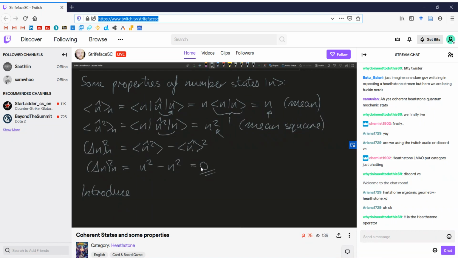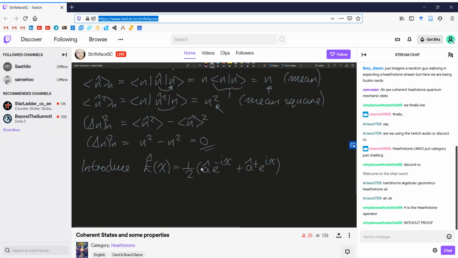It's given by one half of a e to the minus i chi plus a dagger e to the i chi, where chi equals omega t minus k dot r minus pi over 2.